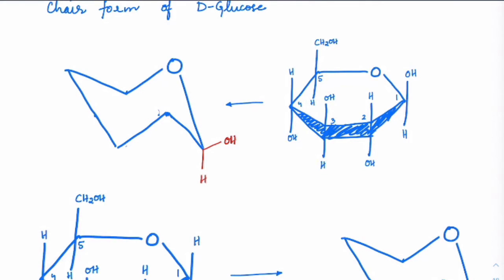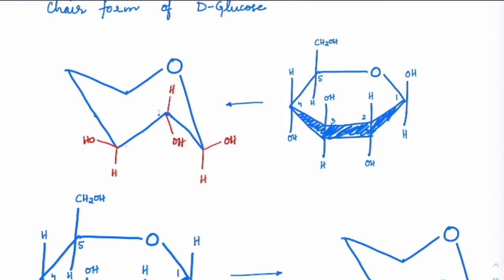Second carbon, OH is down, so H is up, so H must be on the axial position and OH must be on the equatorial position. On the third carbon, OH is up and H is down, so H is down here and OH would be here.